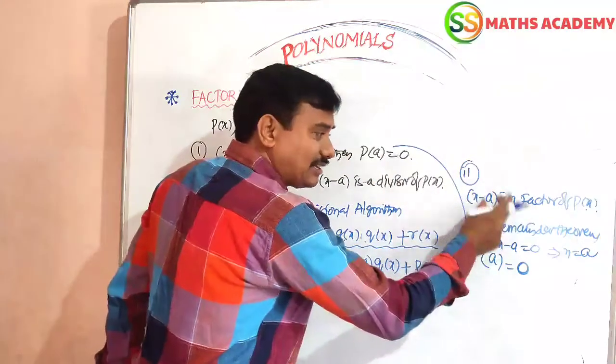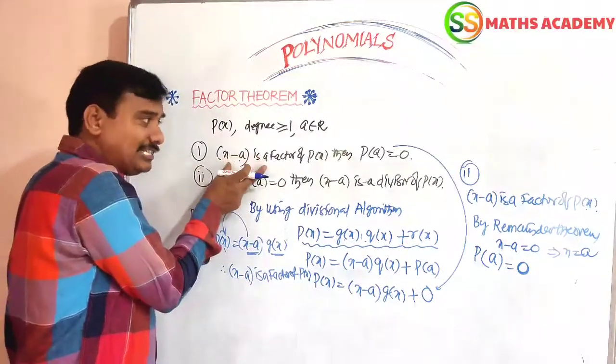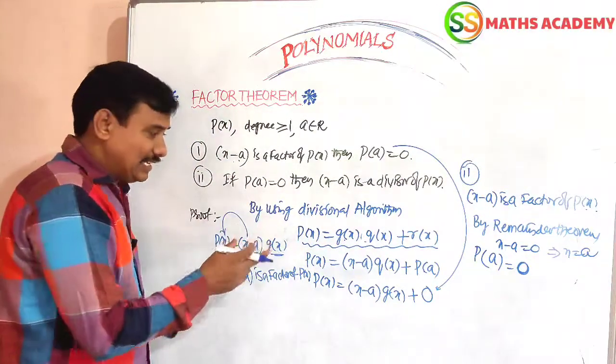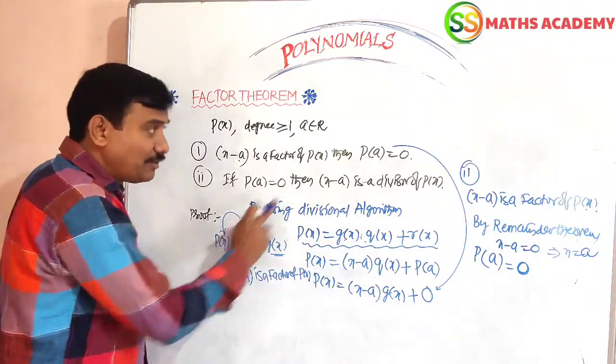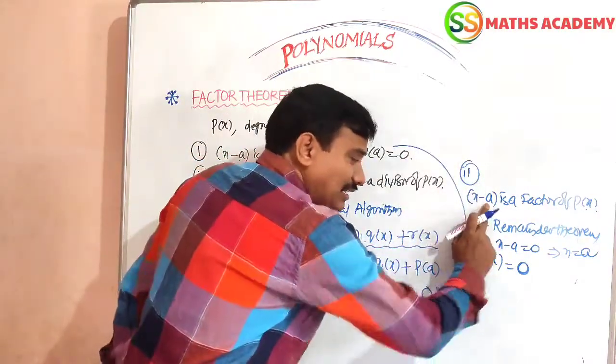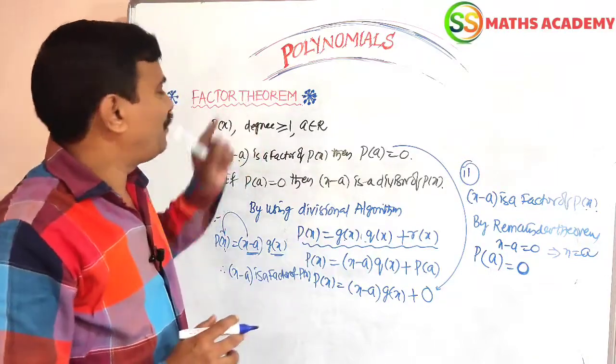For example, by substituting in x minus 3, when the remainder is 0, it is a factor. This is the main important concept of the factor theorem.